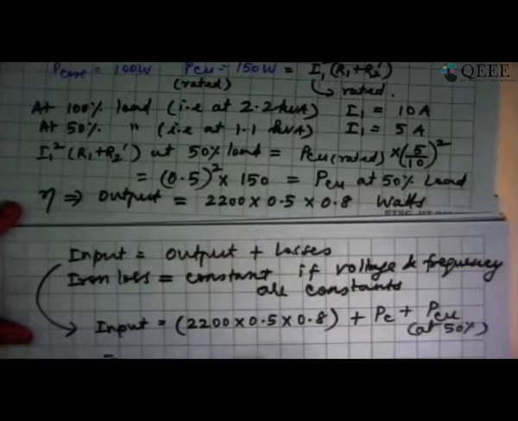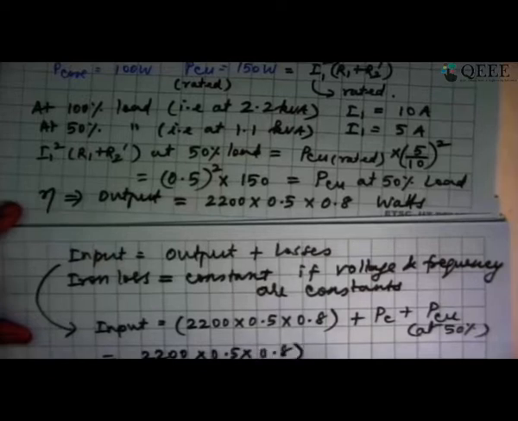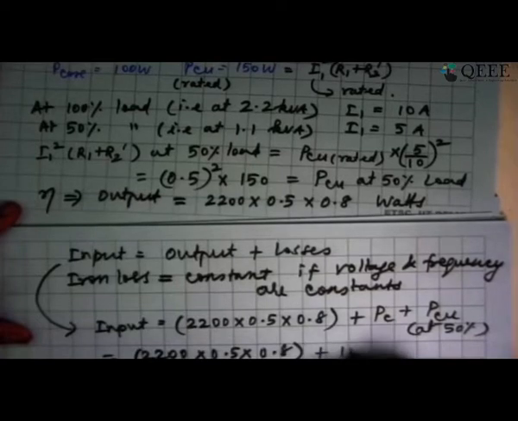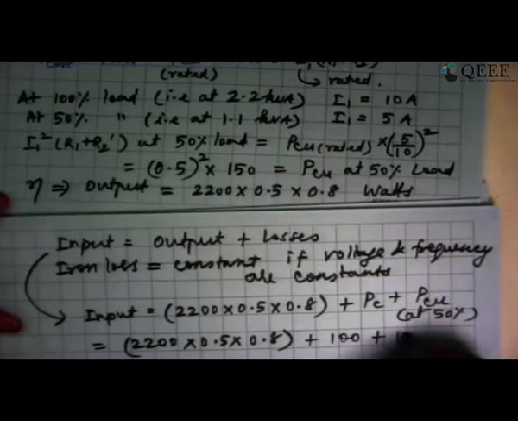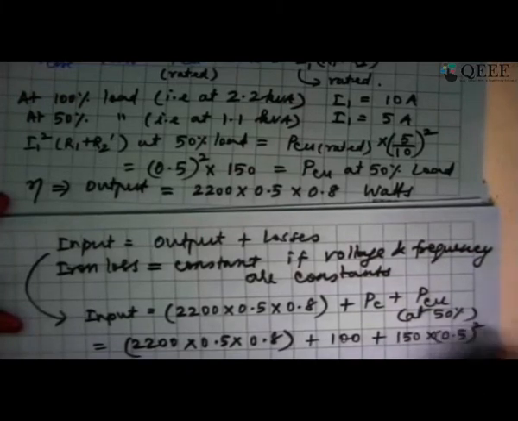So I can write this as 2200 multiplied by 0.5 multiplied by 0.8, plus constant loss, which is actually 100 watts, plus copper loss, which is 150 multiplied by 0.5 square, 0.25 actually, right? So I'm going to have this as the input.